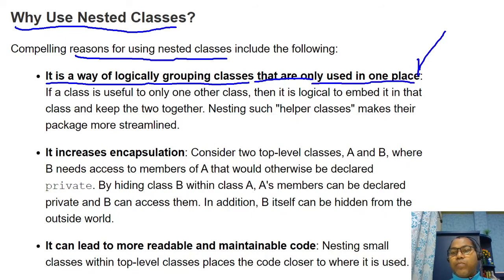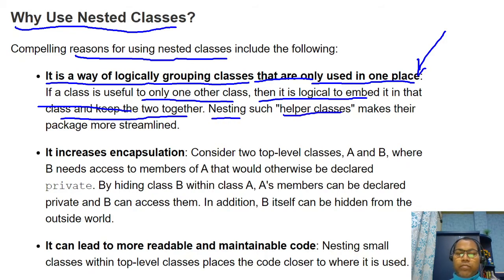If a class is useful to only one other class, then it is logically embedded in that class and kept together. So with nested classes, sometimes you need helper classes.